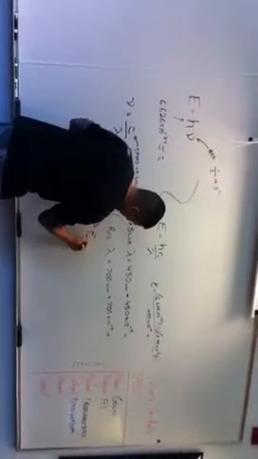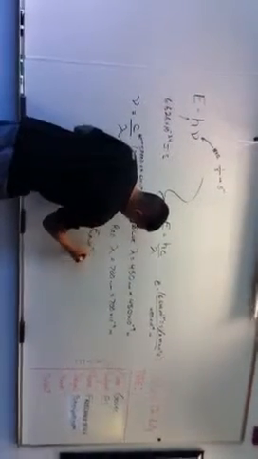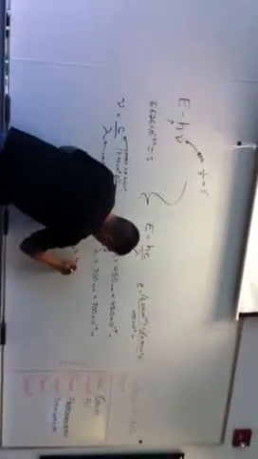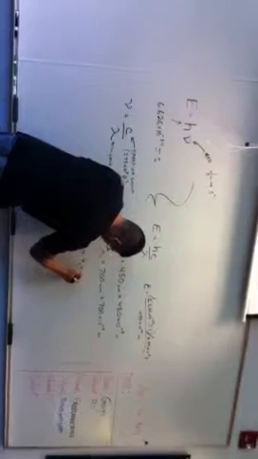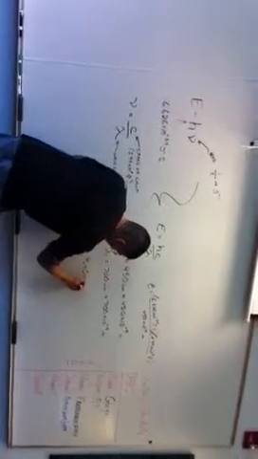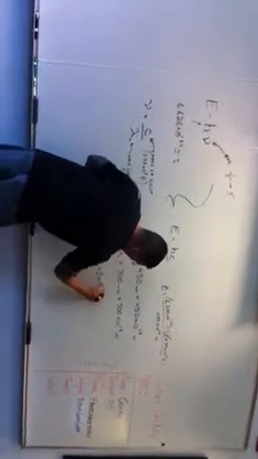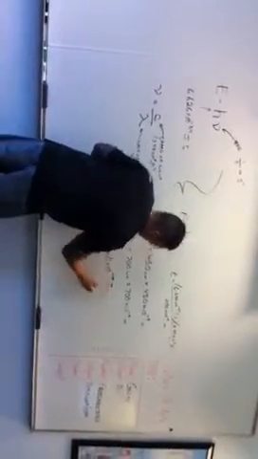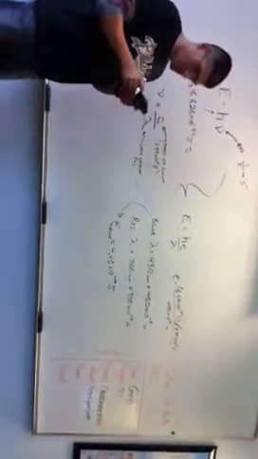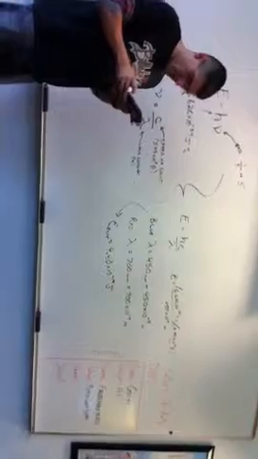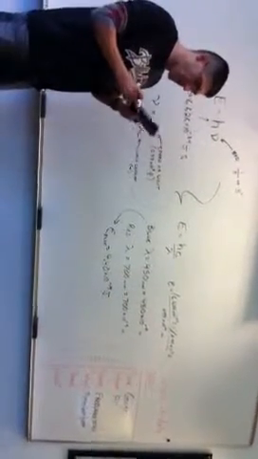The energy for the blue that was needed was 4.40, if I want to be sig fig correct, times 10 to the negative 19 joules. That's how much energy the blue light wave has.